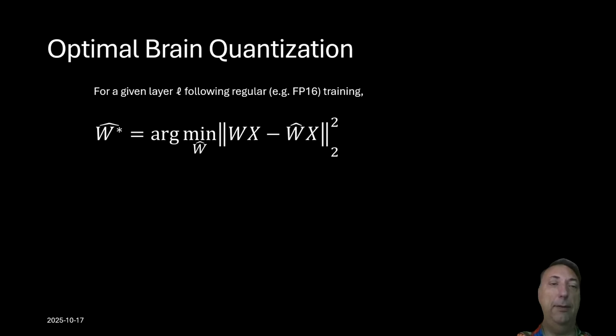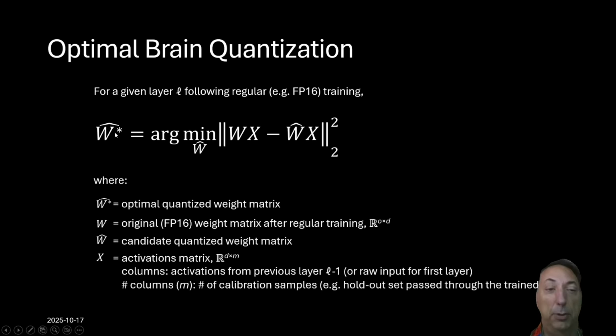They framed the problem as wanting to minimize the difference between using the floating point weights and the quantized weights. Again, the hat means quantized, so these are the quantized weights. And what that difference means in real life is we're taking our x and multiplying it into the w, and x into w hat. That's what we want to minimize to come up with our optimal weights. I'm using asterisk to mean optimal.